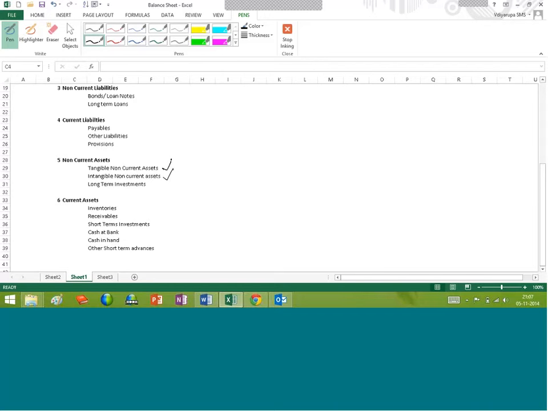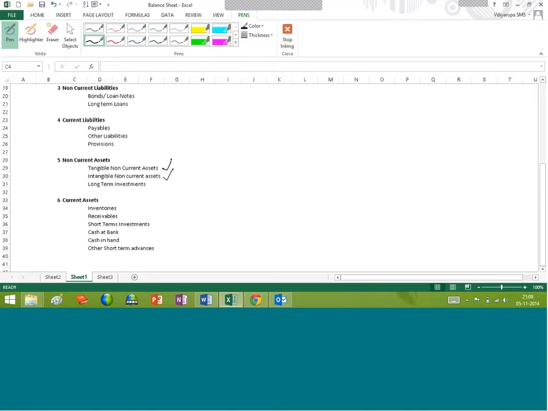Even in the case of tangible non-current assets, we feel the benefits over a longer period, and the same is true for intangible non-current assets.